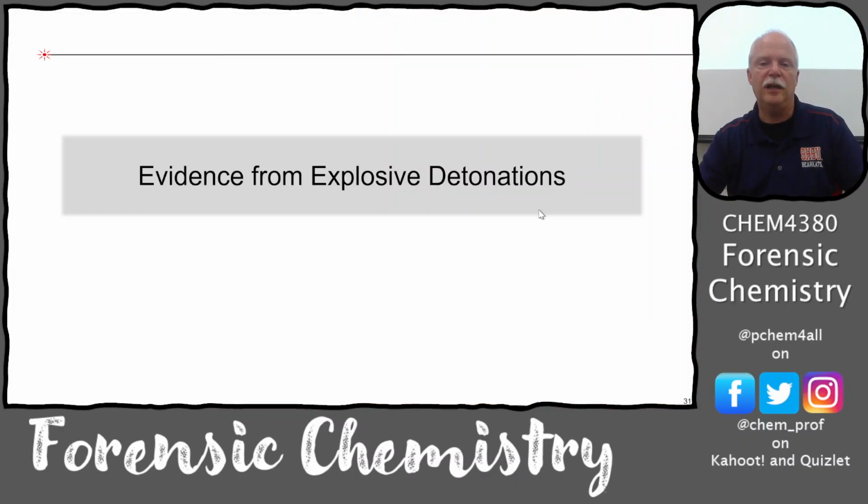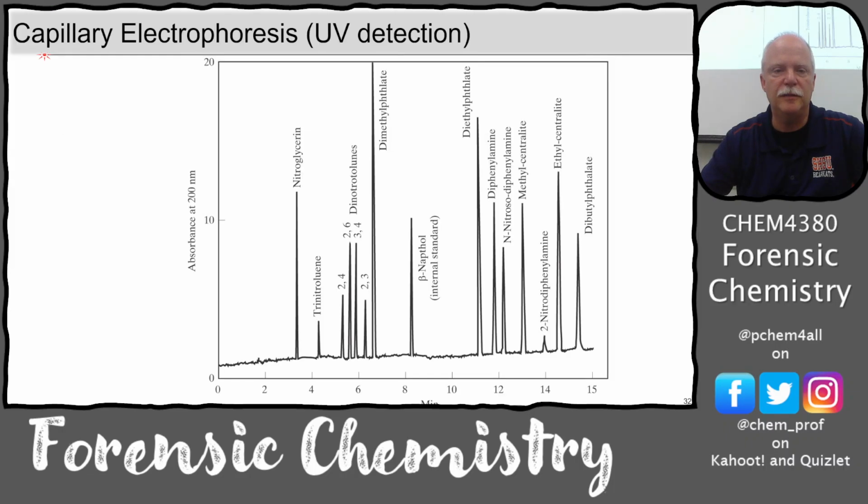And so then from explosive detonations, this is sort of the same kind of process. We've got combustion, we've got incomplete combustion. What kind of trace evidence do we have from those things? Here's the trace in terms of the capillary electrophoresis. We've got nitroglycerin and trinitrotoluene. So these are some of the formulations for the propellants here.